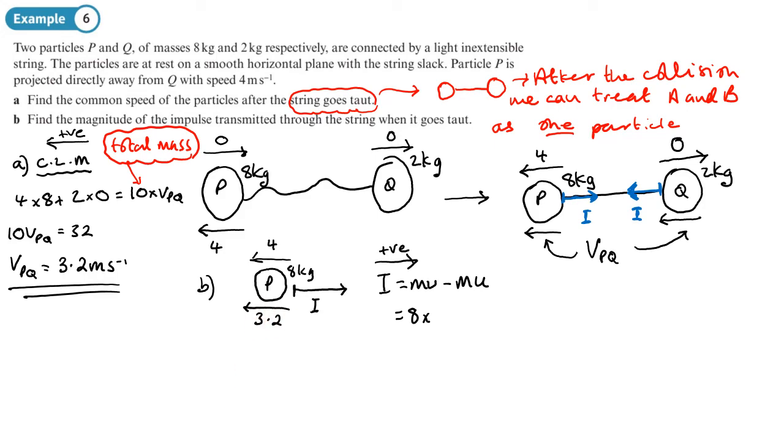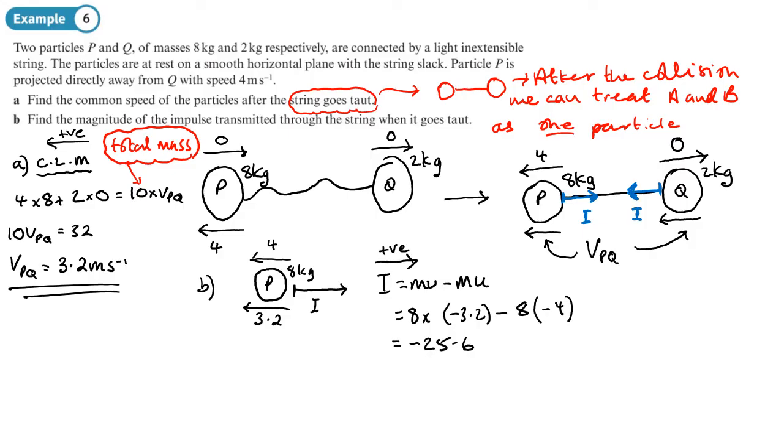So 8 times negative 3.2, minus 8 times, now that is also going in the other direction, so that's going to be negative 4. So 8 times negative 3.2 is negative 25.6, so minus 25.6.